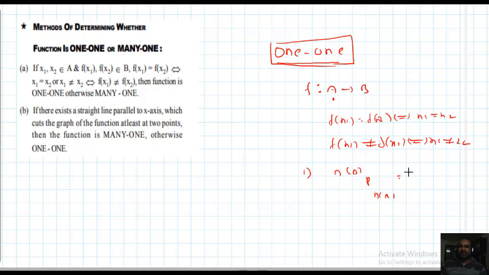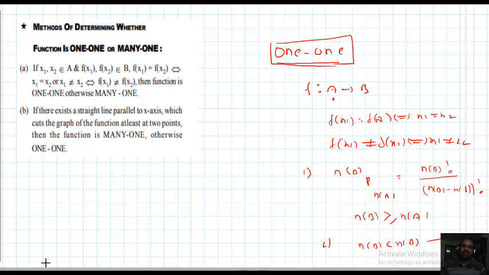How to get this value was already explained: n(B) factorial divided by n(B) minus n(A) factorial. Here n(B) should be greater than or equal to n(A). So what is the condition? If n(B) is less than n(A), no one-one functions exist.